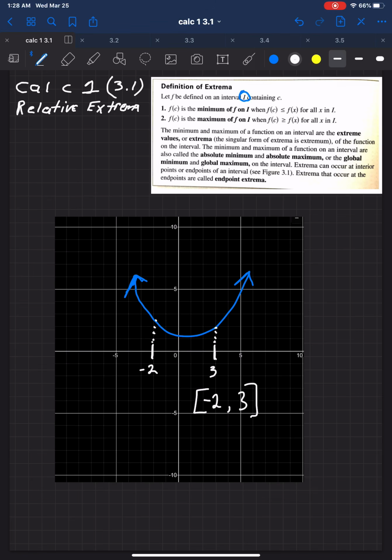But look, what they're saying is, as long as the function from -2 to +3, as long as every point is defined in that function, right? We don't have any jumps, we don't have any holes, no vertical asymptotes, none of those things.